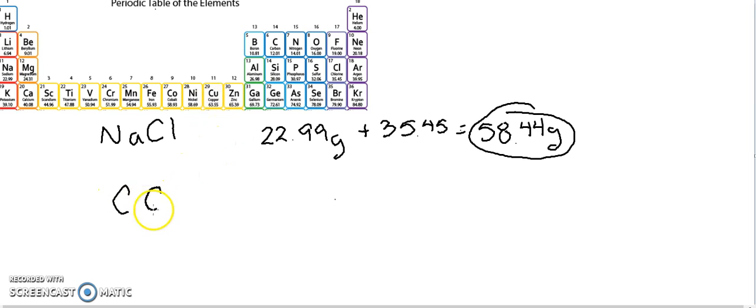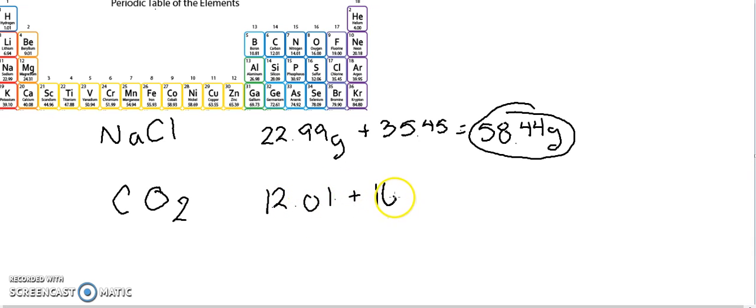Okay, let's look at another example. So we have 1 mole of carbon dioxide. You would do the same thing, and you have to take into account how many atoms you have for every element. So for carbon, you have your 12.01.